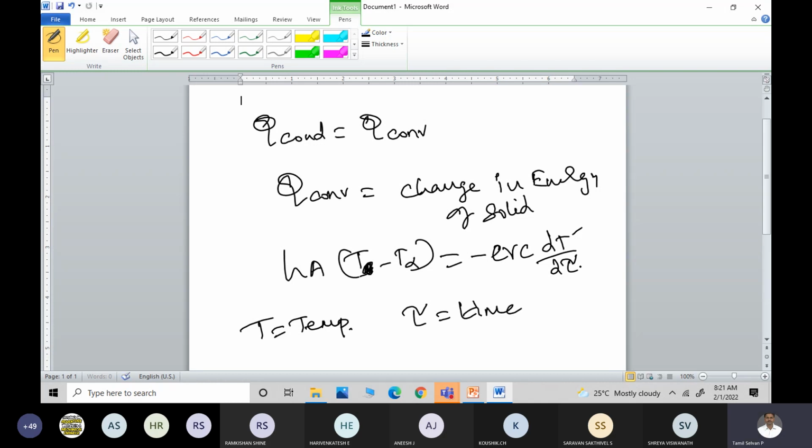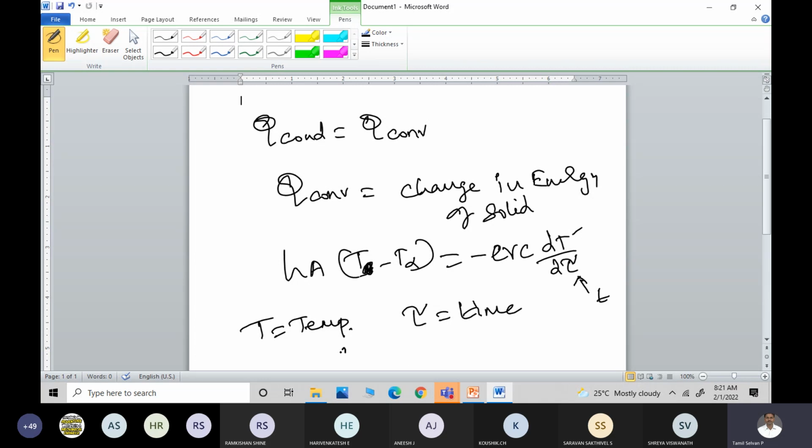In some textbooks, they mention it as dT by dt, so small t denotes time. Whichever is suitable for you, you can write.